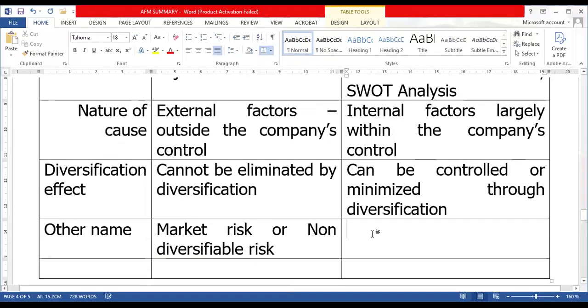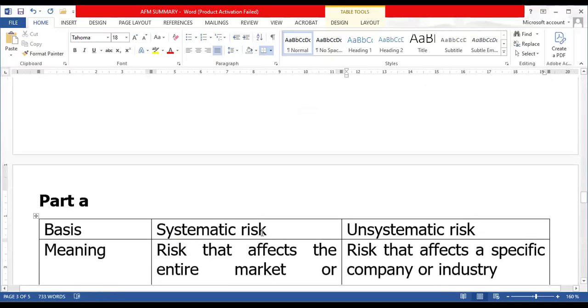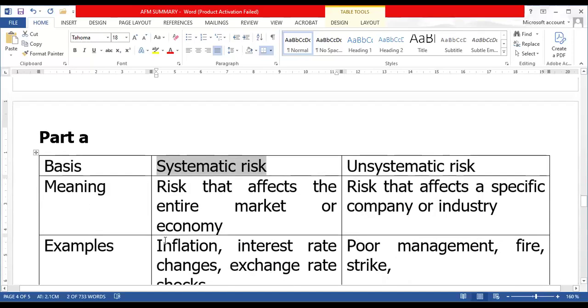Then for unsystematic, another name is specific risk or diversifiable risk. Those days I used to cram it, and I know that where you have unsystematic, it is the other way around. Where there is unsystematic, it is diversifiable. Where there is systematic, it is non-diversifiable risk.